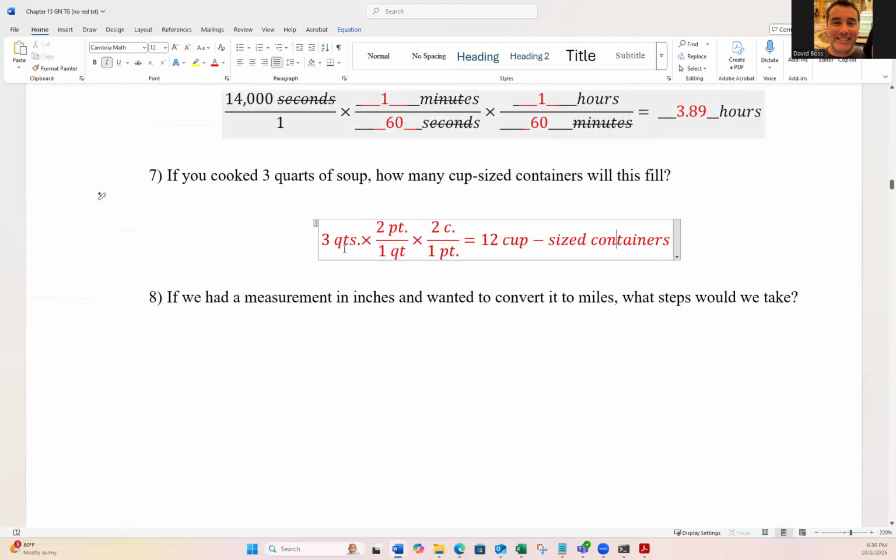And you want to set it up so that you have quarts over quarts, those cancel out. Now you have pints over pints. Those cancel out. We're left with nothing but cups. So 3 times 2 divided by 1 times 2 cups. That gives us 12 cups, which is 12 cup-sized containers.